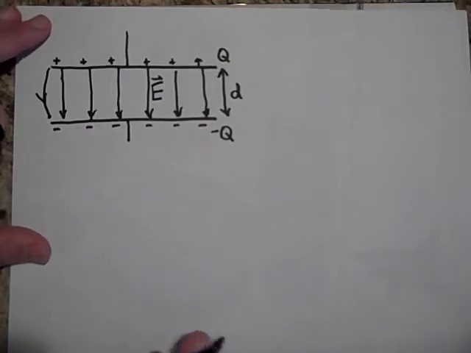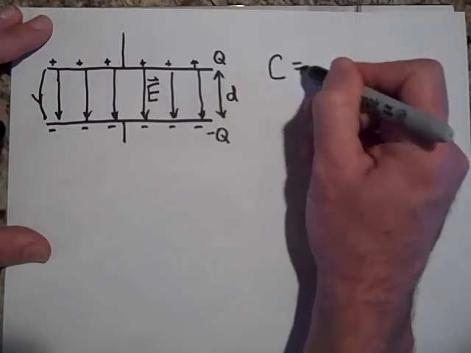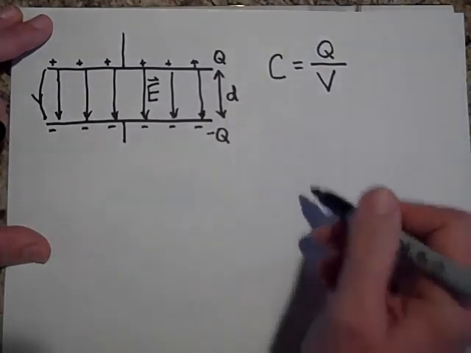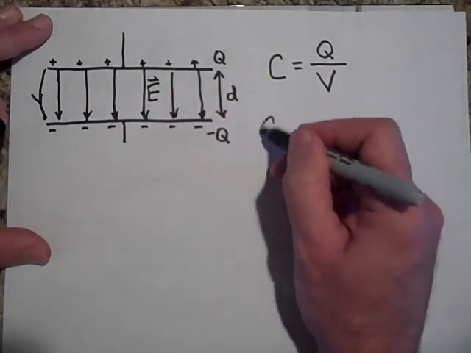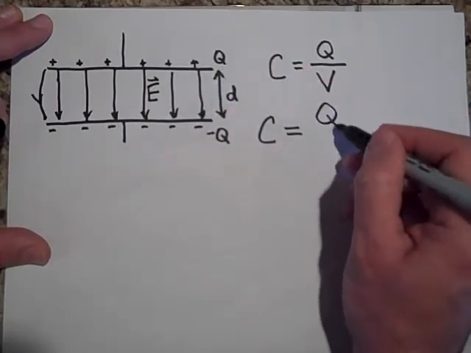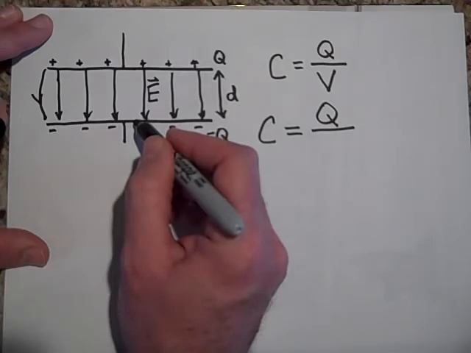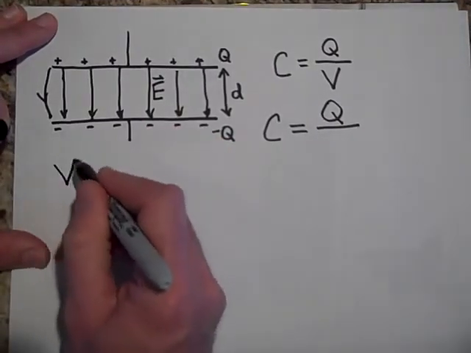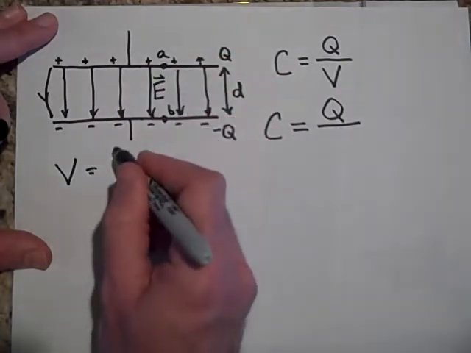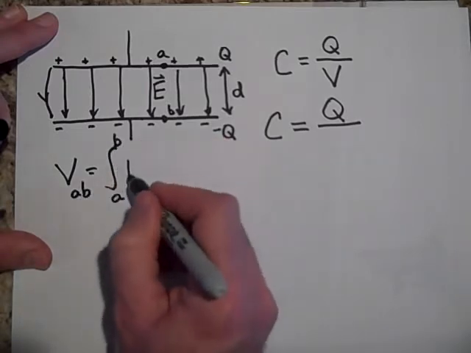All right, now with this type of a capacitor, if we use our definition for capacitance, C equals Q over V, then the voltage across this capacitor, if we charge this up to Q, is, if I do a path integral from here to there, then let me remind you how you get that. The voltage, let's say at A with respect to B, if we put the A there and the B there, it's equal to the integral of E dot dr.